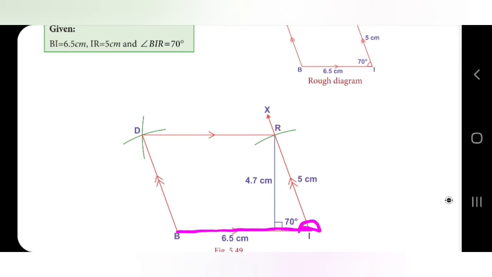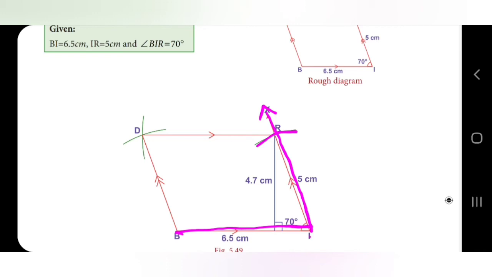Then take the outer angle and draw a straight line. Once again, you should draw a straight line at 70 degree. IR is equal to 5 centimeter. So take a compass, take 5 centimeter and cut an arc for R. The intersecting point is R.